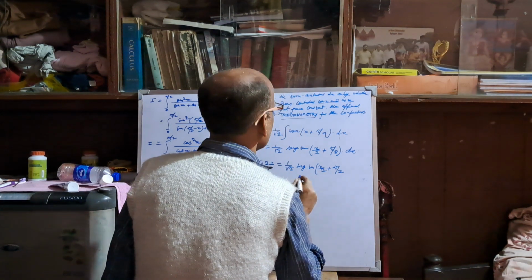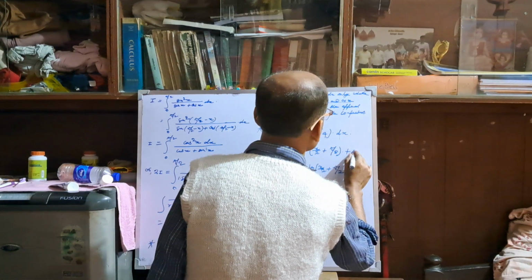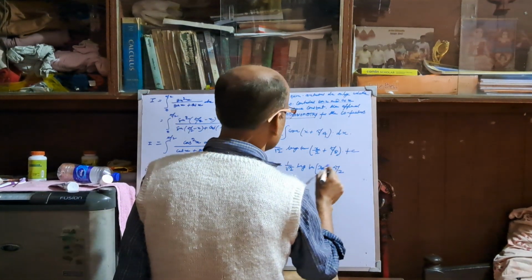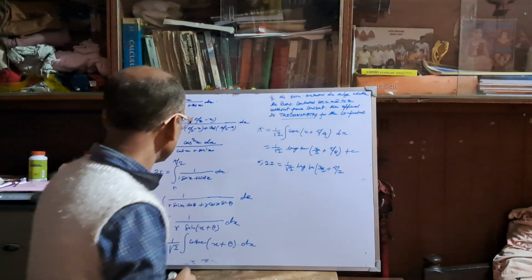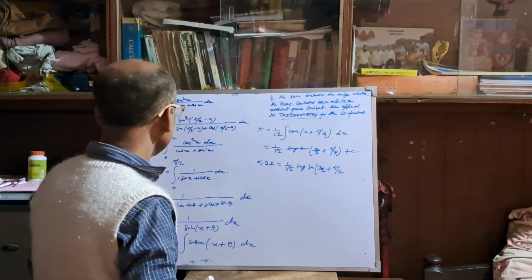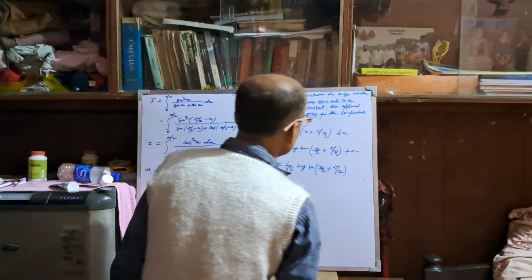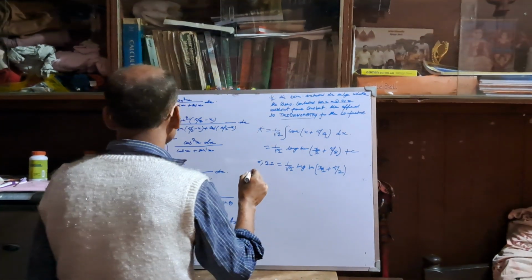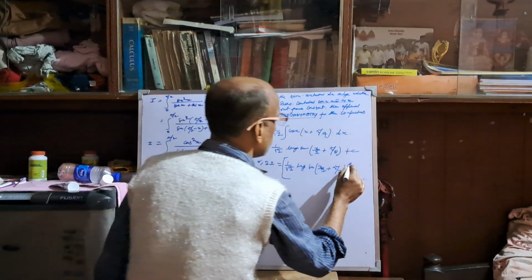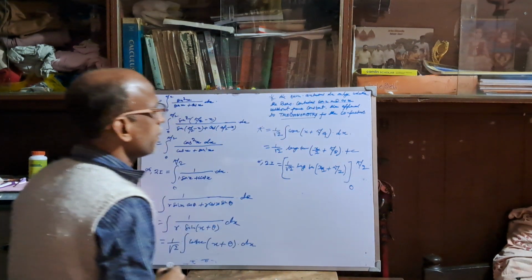Okay, fine, not dx here, it is evaluated, so c will not be used here. In the definite integral we do not use c; we shall put the lower limit and upper limit here, as we know, and then this will be 0 to pi by 2. Okay, 0 to pi by 2.